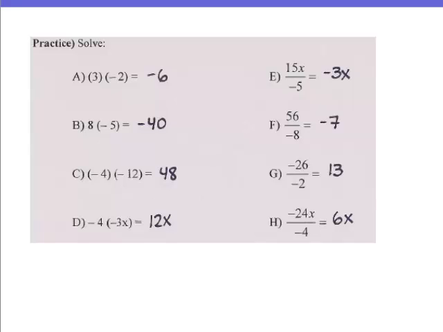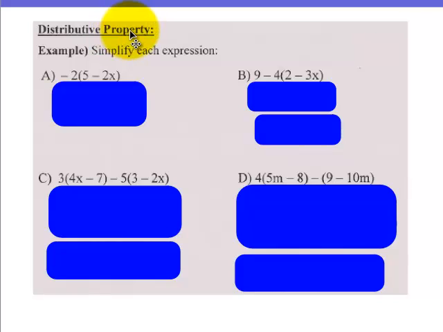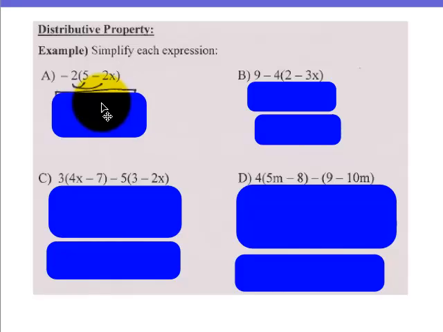Okay, now we're ready to go on to the next step, which is distributive property. Basically, distributive property is you have a number outside the parentheses and an expression inside the parentheses. What you're going to do is distribute, in other words, multiply the number outside by the numbers inside. I like to put little arrows just indicating that I'm multiplying the number outside with the numbers inside.